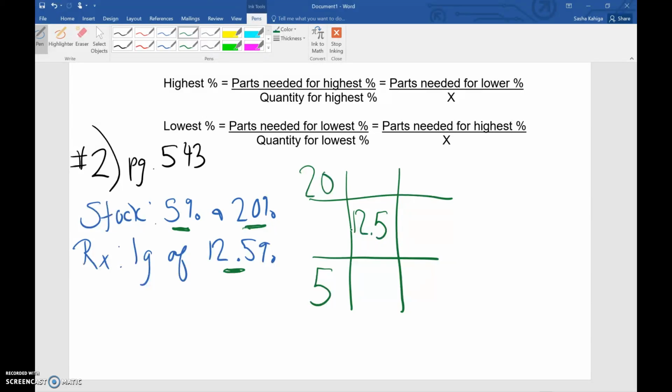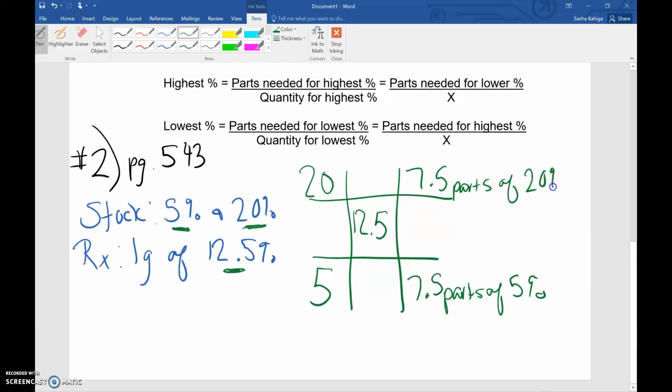So 20 minus 12.5 gives you 7.5. So I need 7.5 parts of 5%. I'm going to write it out so you guys can see it. All right. If I say 5 minus 12.5, that gives me 7.5 parts of the 20%.